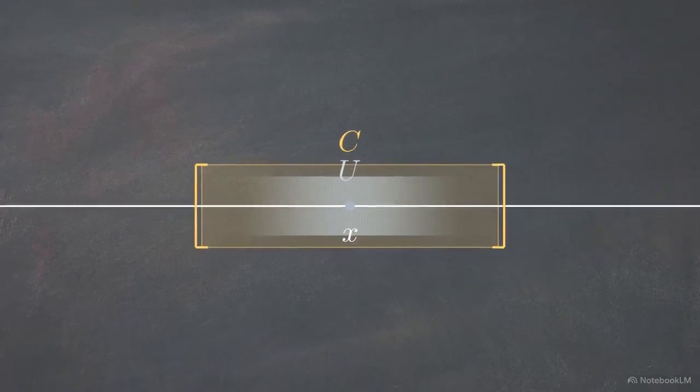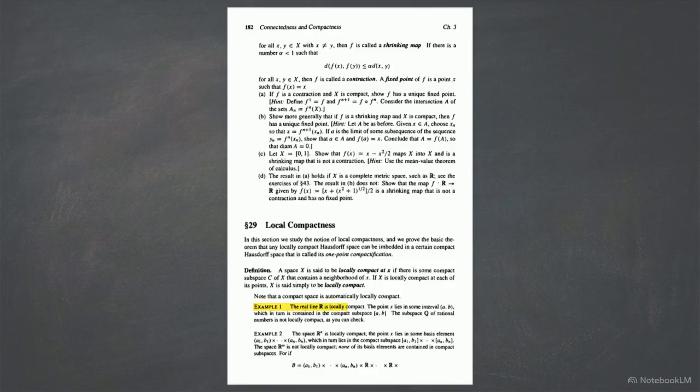First, we define a small open neighborhood immediately surrounding our point. Next, we wrap a strictly bounded closed interval around that open neighborhood. We've successfully trapped our local area inside a perfectly compact bubble. Example 1 in the text confirms that because we can perform this exact trapping maneuver for every single point along the axis, the entire real line is locally compact.